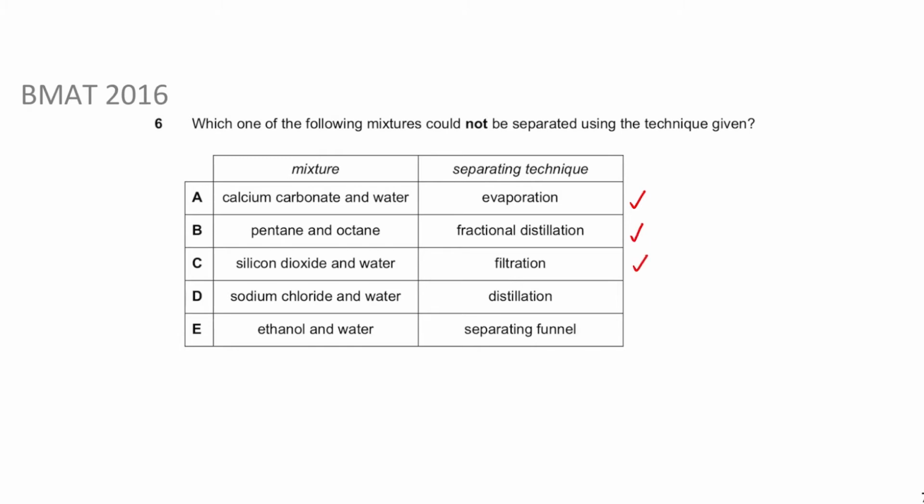Sodium chloride and water via distillation. That's also possible. You've probably even heard of crystallization, guys, if you've done something like that before. But you can heat off the water and then distill it, and that basically reforms liquid water, and that separates it from the salt. So that's also possible.